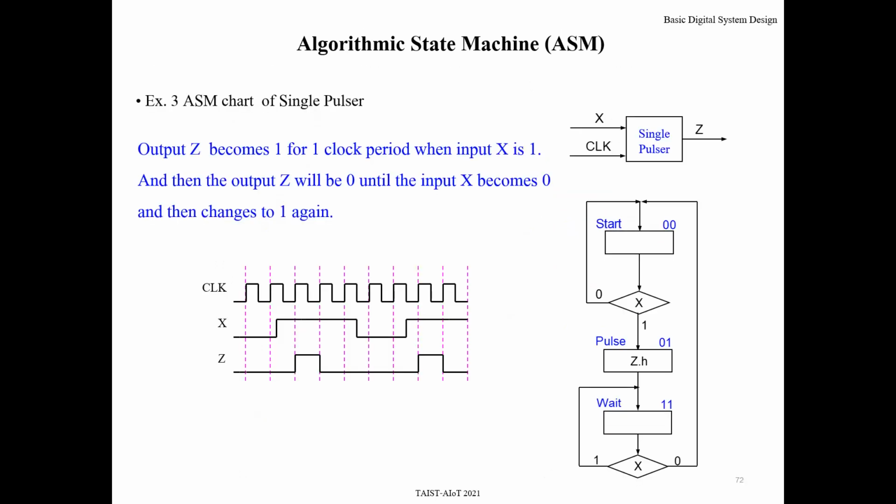One more example. Okay, this is a single pulse. The output Z will be 1 for 1 clock period when input X is 1. And then the output Z will be 0 until the input becomes 0 and then changes to 1 again.